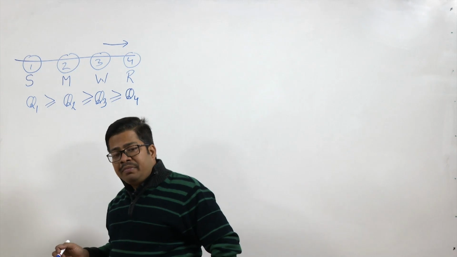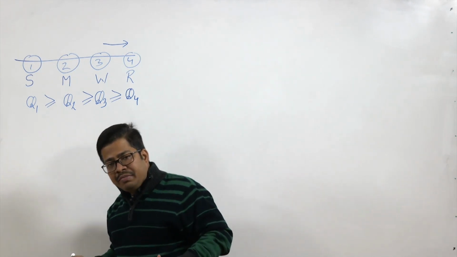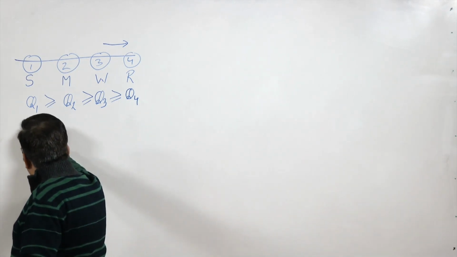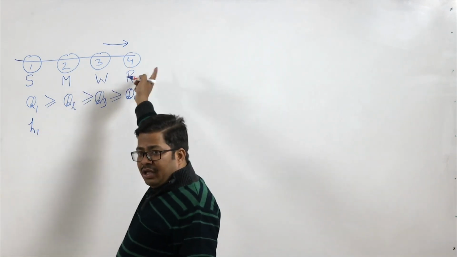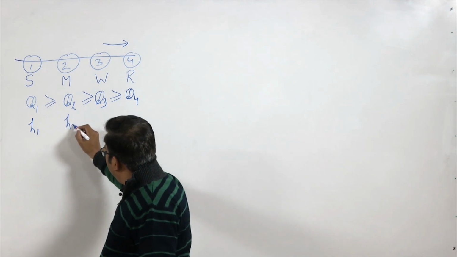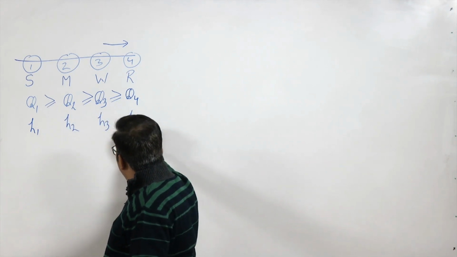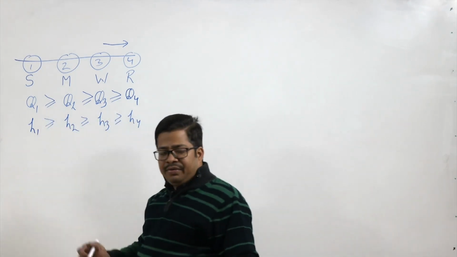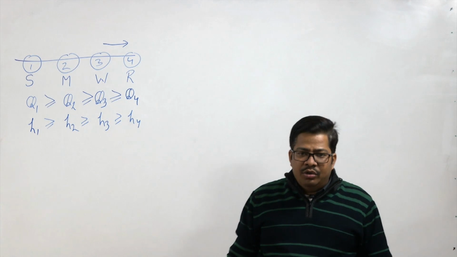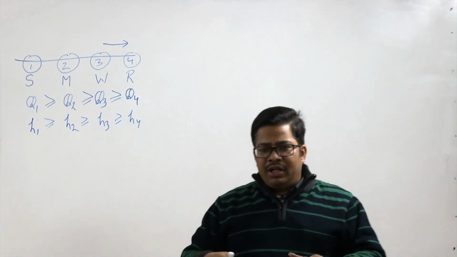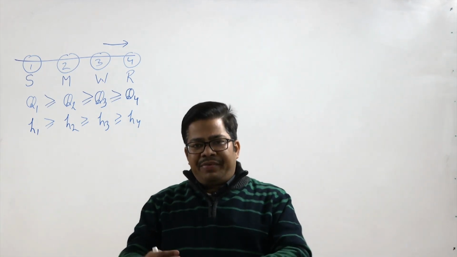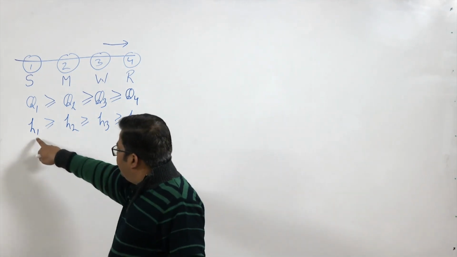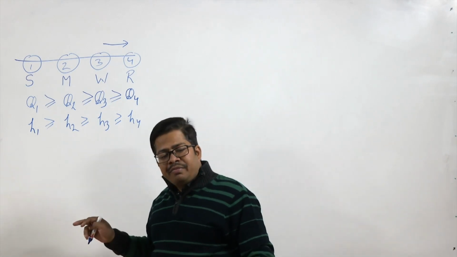Therefore my holding cost, which is proportional to this value addition, gives H1, H2, H3, H4. Because of the increase in value, because of the more value I am adding as I move from left to right, the holding cost will also increase as I move from this stage to this stage.